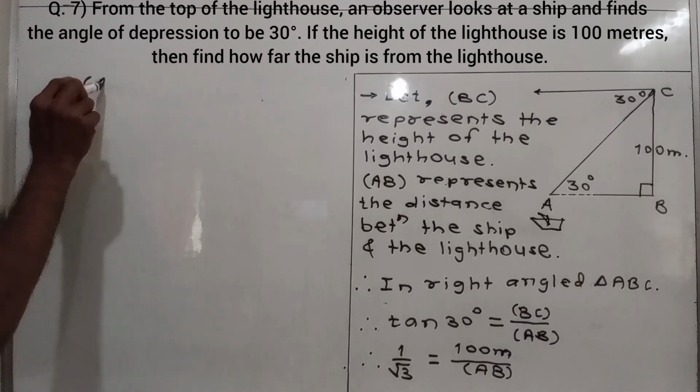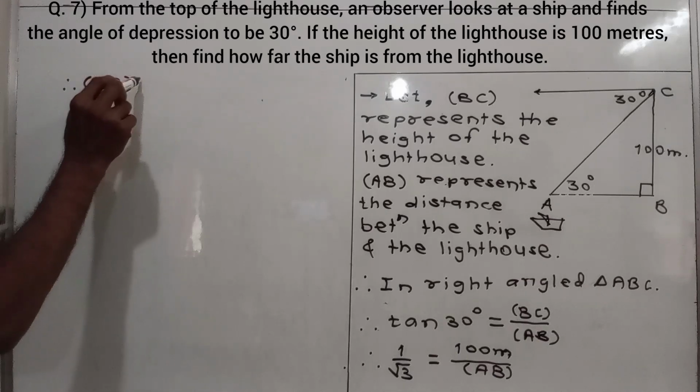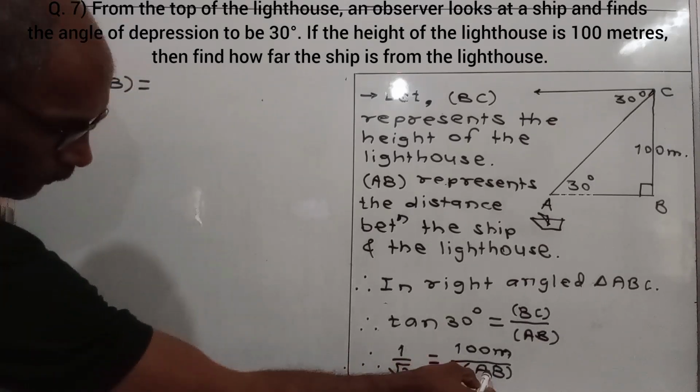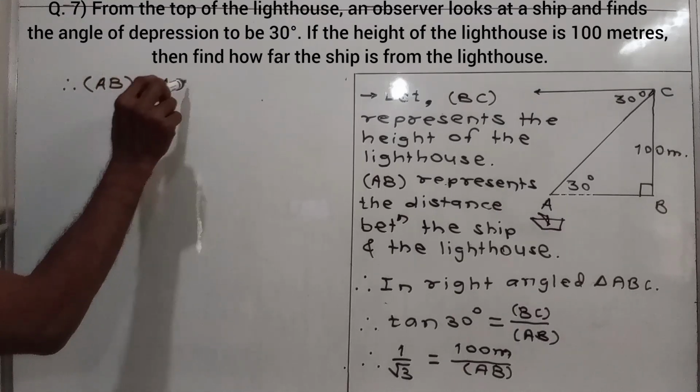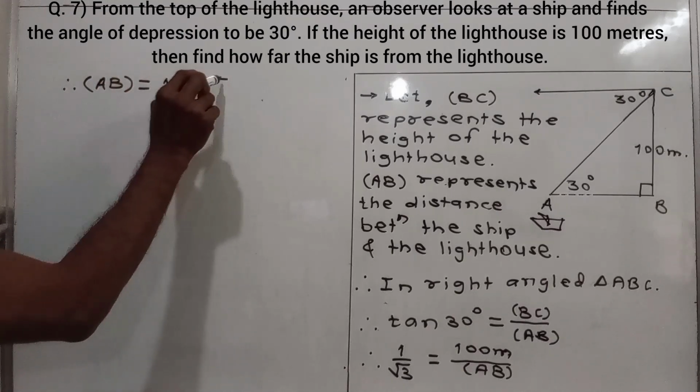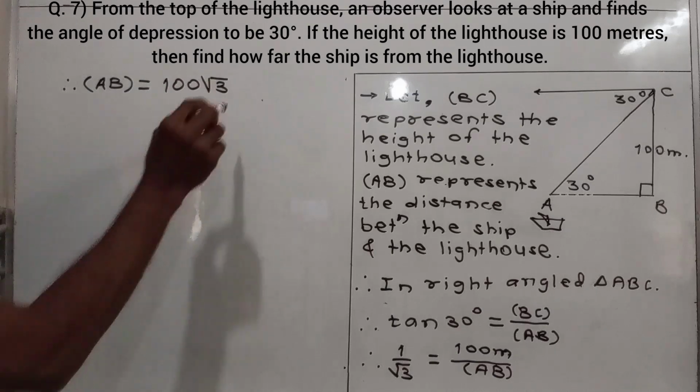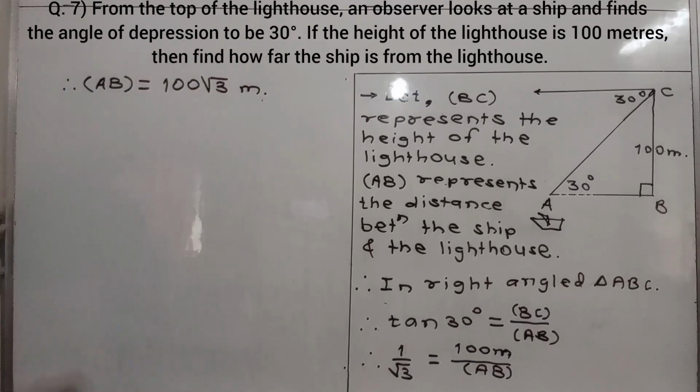Therefore AB into 1, AB is equal to 100 into square root of 3 meter, which means the length of this AB is 100 square root of 3 meter.